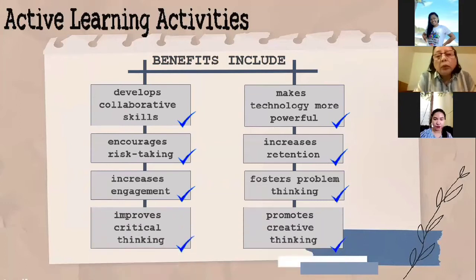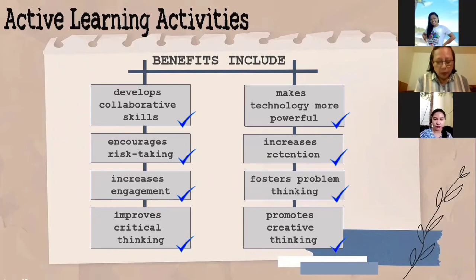They also promote increased retention of the materials since they are dealing with it firsthand. They promote problem solving skills, and they give students more autonomy of their learning, and they help students learn how to learn.